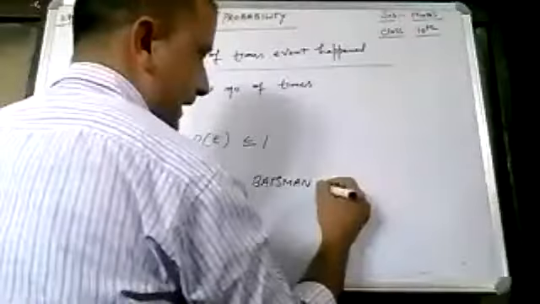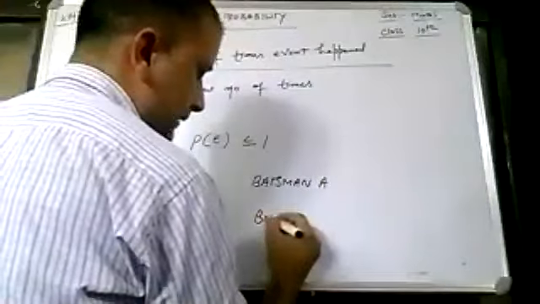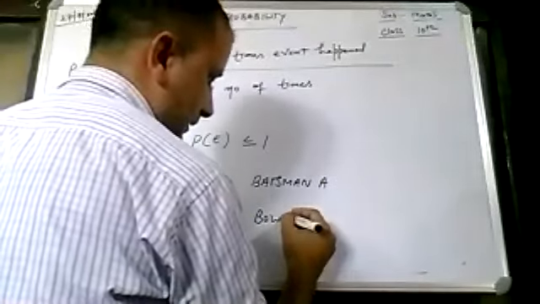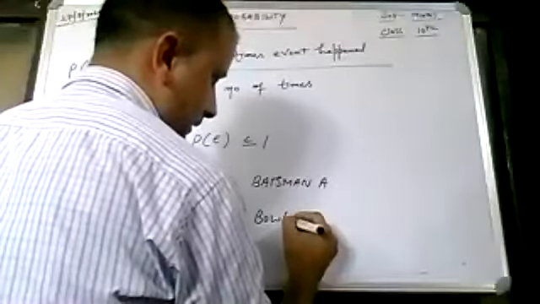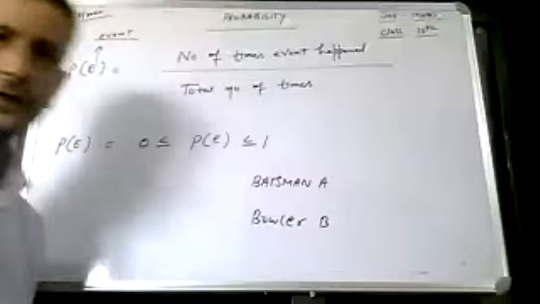A is the batsman and the bowler is B. Clear class?